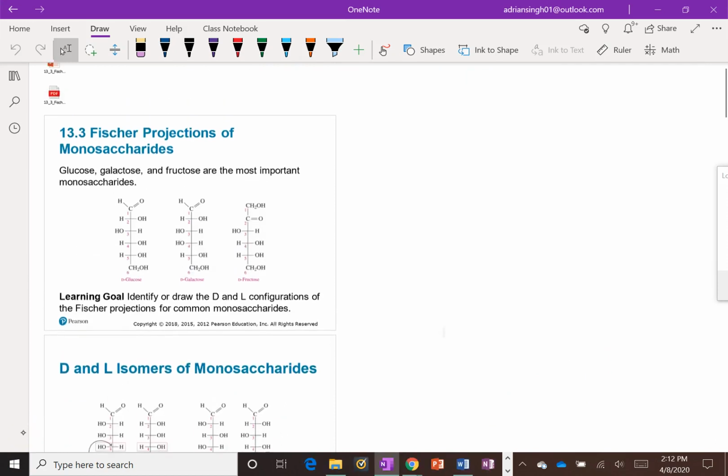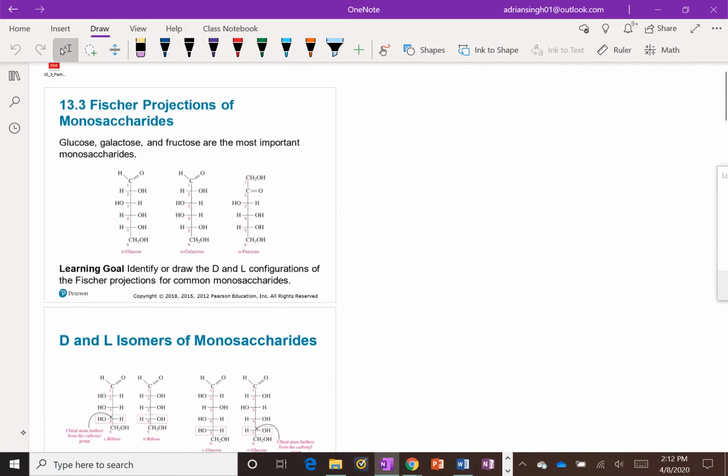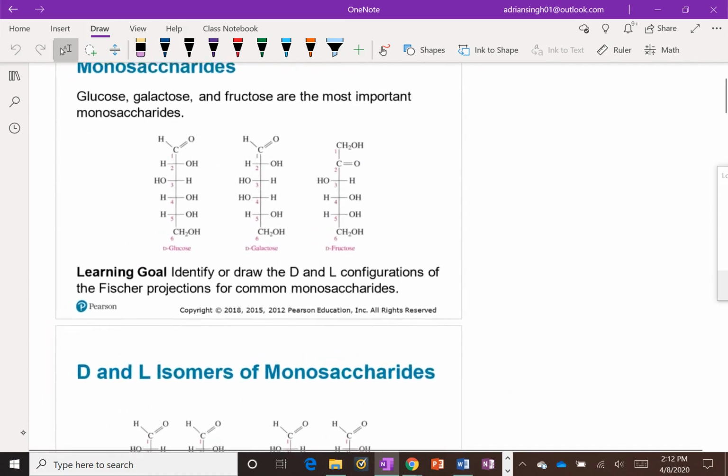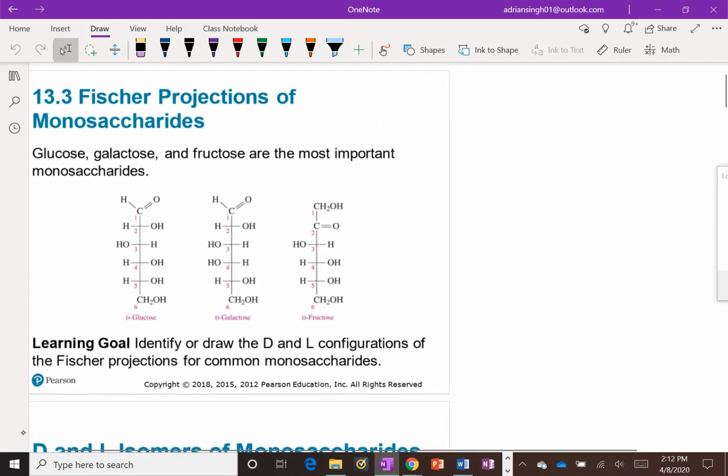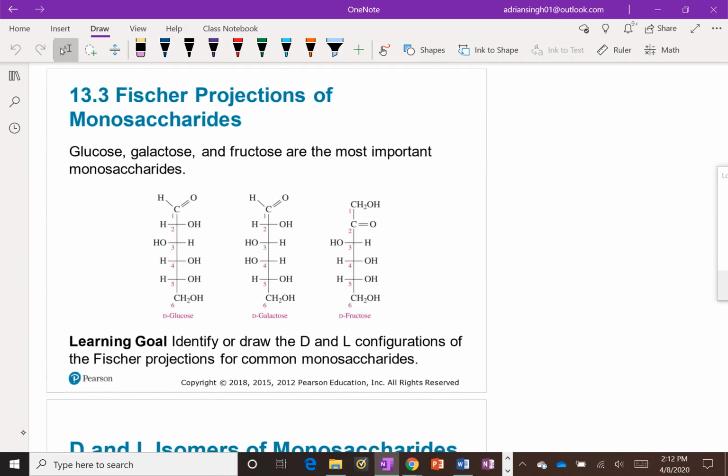So we'll take a look now at some of the 3 most important monosaccharides that we're going to encounter, and we'll take a look at the Fischer projections for each of these. So the 3 most common monosaccharides that we're going to encounter in this class are glucose, galactose, and fructose.